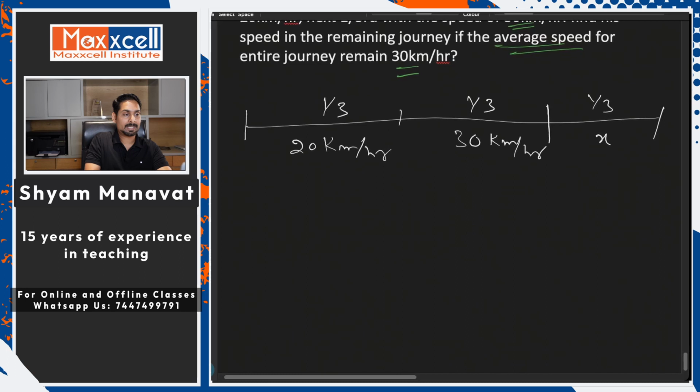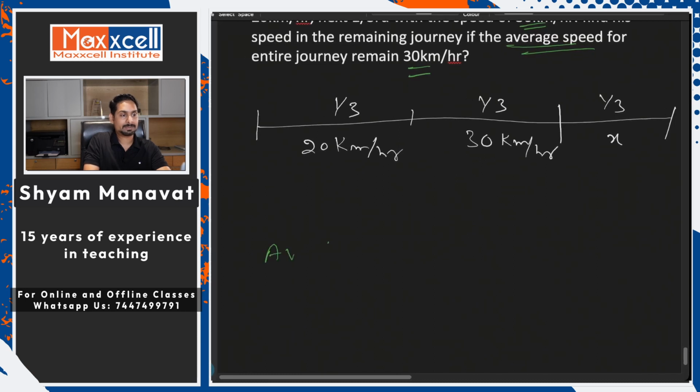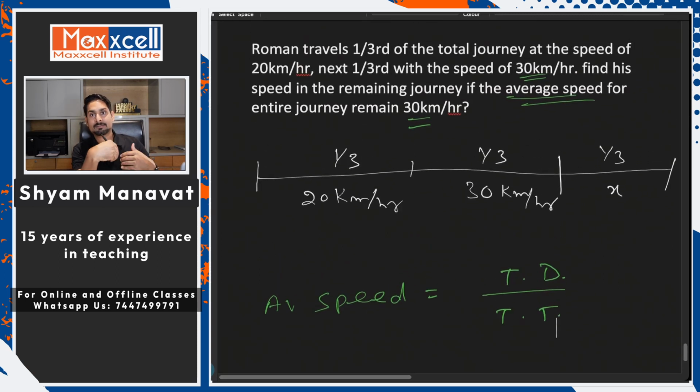Obviously we can apply average speed equal to total distance by total time. But if you want to save time in the exam, you can refer to the case. Either time is same for different speeds or distance is same for different speeds. Correct, that's the second case. Distance is same with different speeds.